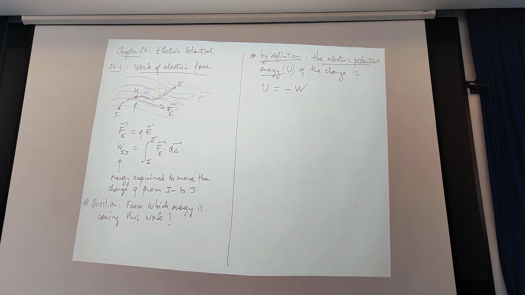Of course, you have guessed that the energy required to move the charge from I to J is coming from the electric field. So we can define an electric energy, which is the energy which can do the work.